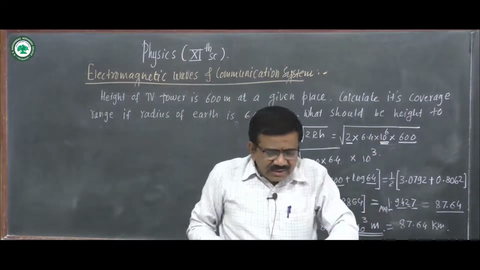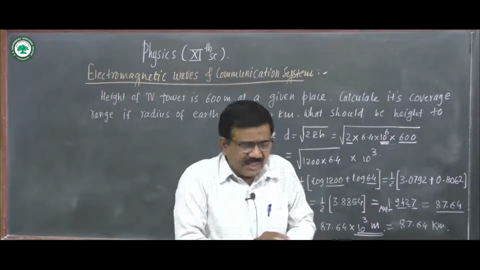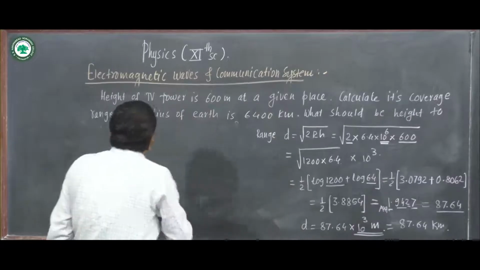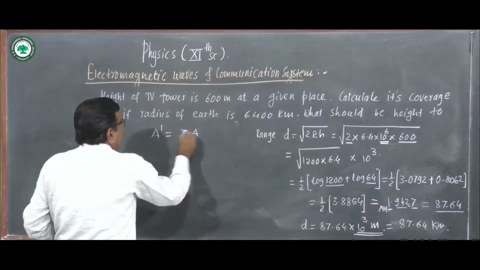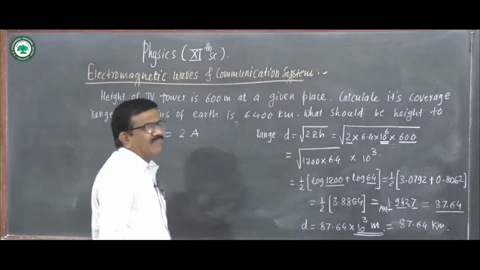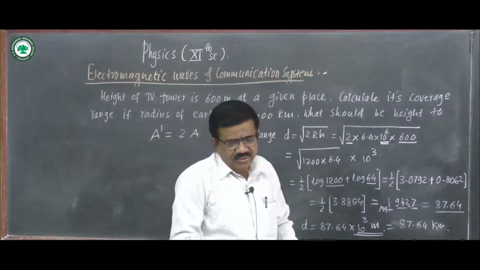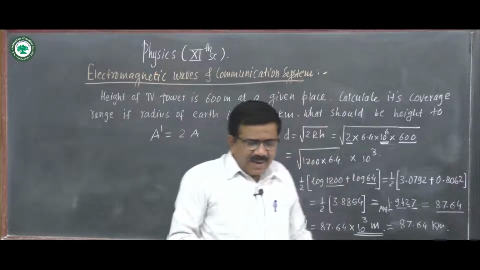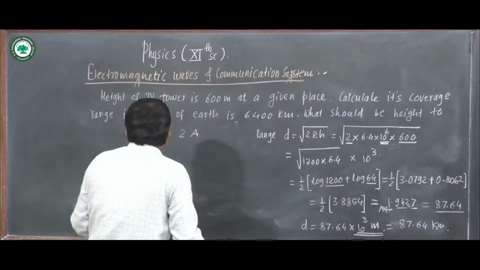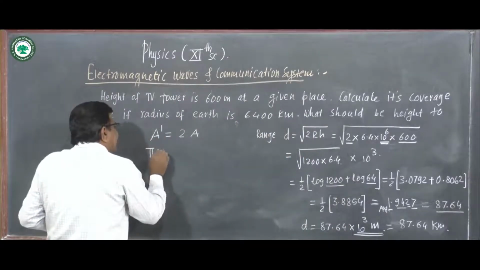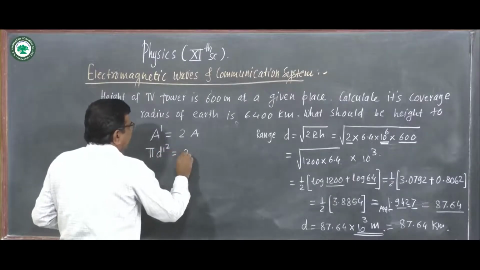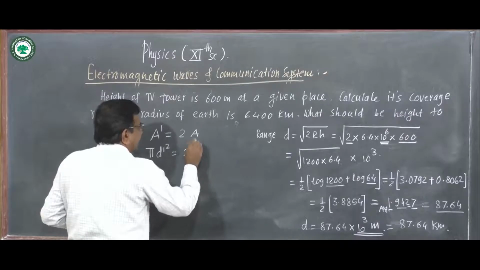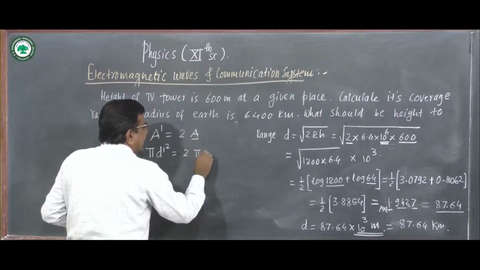To get the double coverage area, it means new area a dash will be twice the original area. We have to find new area, and area is pi d square. So new area will be pi d dash square. D dash is our new range, twice pi d square. Initial range is d.